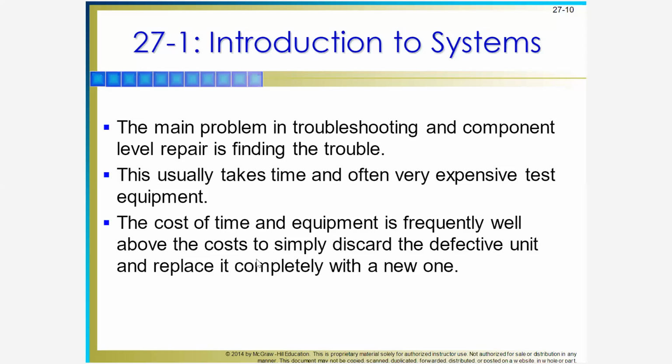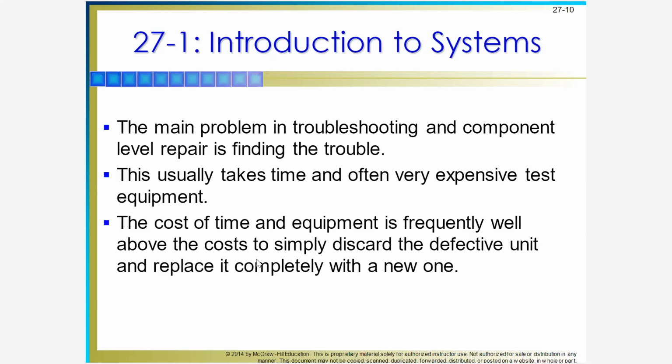Then this usually takes time and often very expensive test equipment. Okay, the tool we use as a technician to find a problem in current or voltage, or in a circuit connection, is a tester, a multimeter tester. It means it measures current, voltage, and also fuse, diode, and resistor.